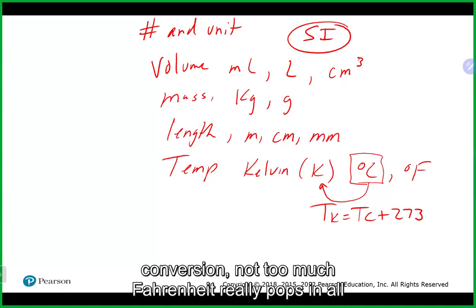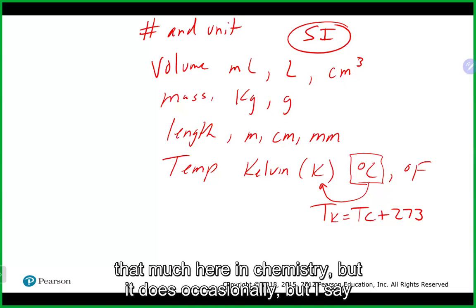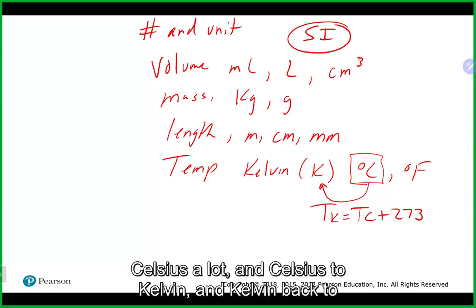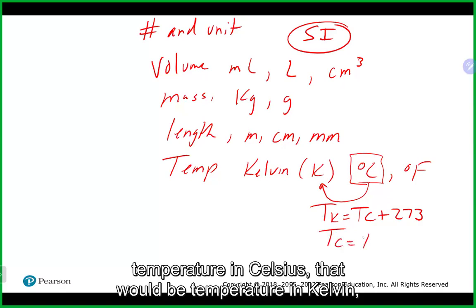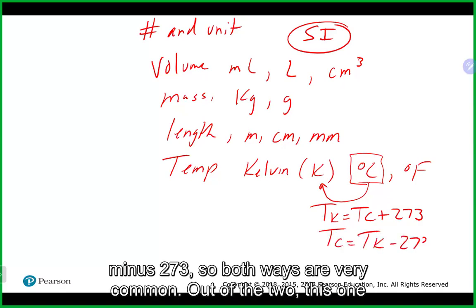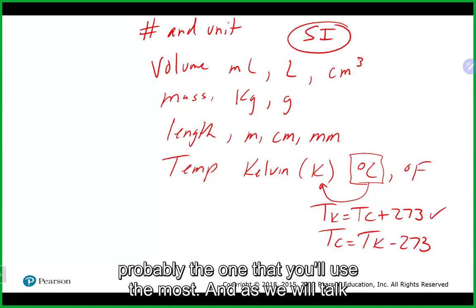Not too much Fahrenheit pops up here in chemistry, but it does occasionally. I say Celsius a lot, and Celsius to Kelvin, and Kelvin back to Celsius. If you had to go backwards and wanted the temperature in Celsius, that would be the temperature in Kelvin minus 273. So both ways are very common, and out of the two, Celsius to Kelvin is probably the one you'll use the most.